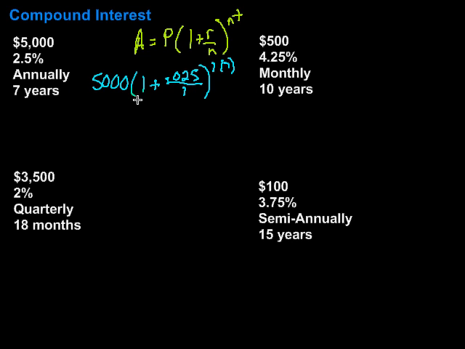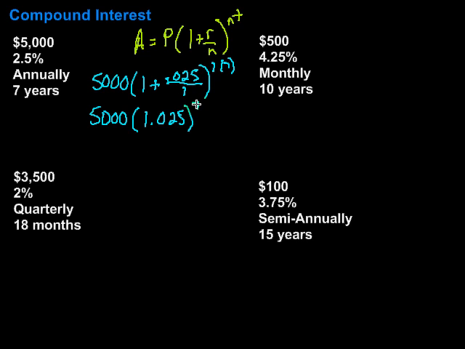Okay, so then I just go ahead and start simplifying and following the order of operations. So inside the parentheses there, I have 1 plus, this is just 0.025 because it's being divided by 1. So that would be 1.025. And then we've got 1 times 7 on the outside, so to the 7th power.